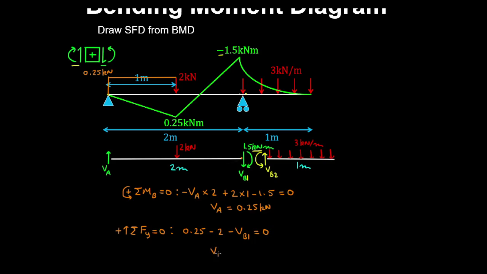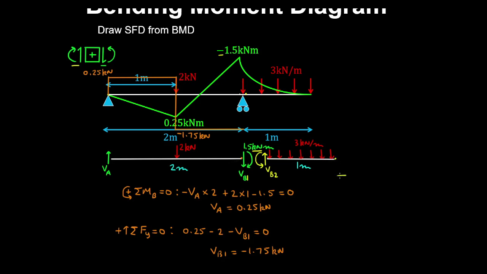So that gives VB1 is minus 1.75 kilonewtons. So as expected, due to this 2 kilonewton jump, we have a shear force of minus 1.75 kilonewtons. And that's constant on this segment because it has a point load acting on it.